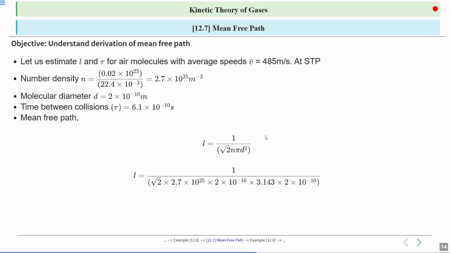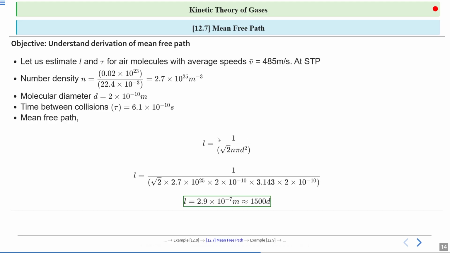So substituting the values into the formula, we have 1 upon root 2 into 2.7 into 10 raised to the power 25 into 3.143 into 2 into 10 raised to the power minus 10 whole square. This step involves plugging in the values for number density, molecular diameter and pi to calculate the mean free path.